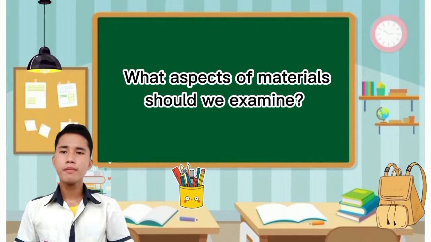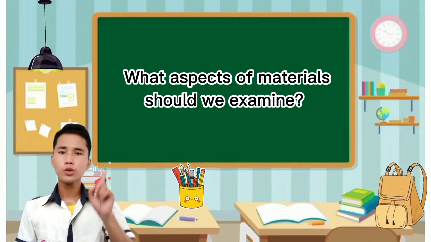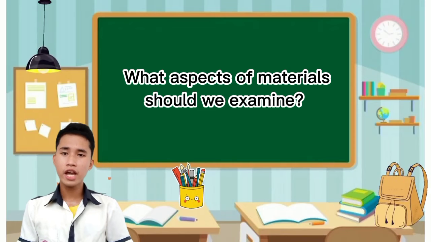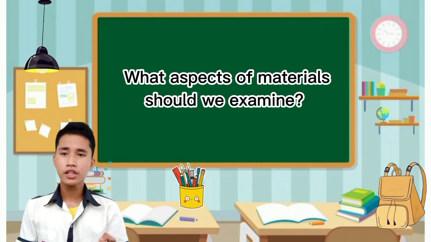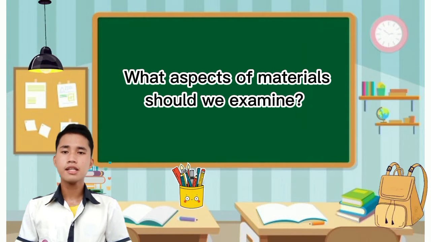Actually, there are very many aspects which one can examine in a set of materials. It would be possible, for example, to describe materials in terms of the quality of the paper, the binding, the pricing, the layout, the size of the book, typeface, and so on.